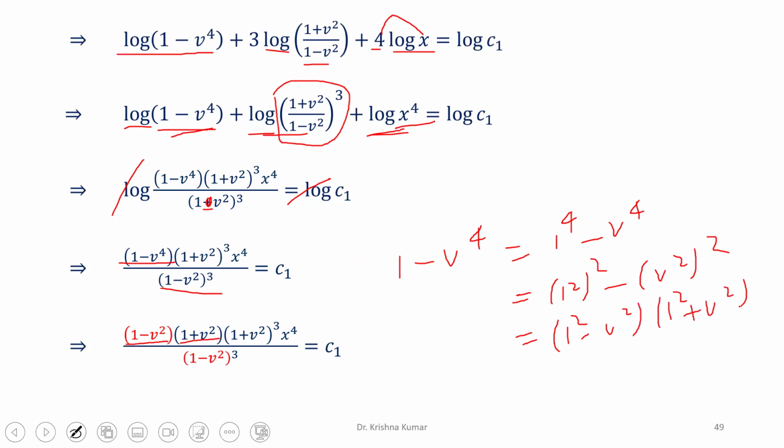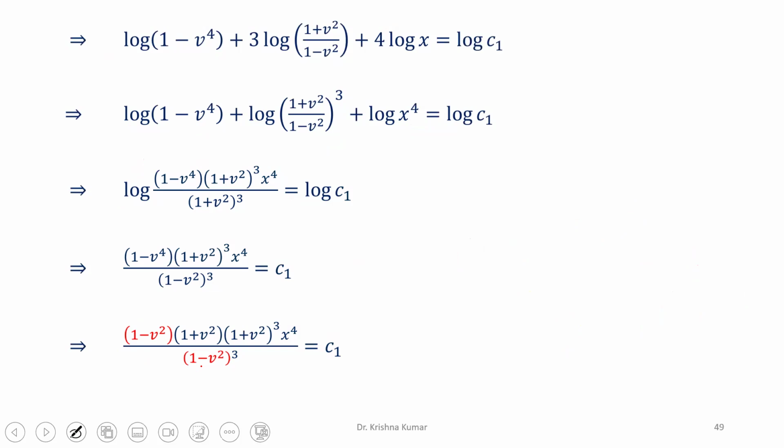So this 1 minus v square and 1 minus v square, the two will be cancelled. And what is remaining over here? 1 plus v square, 1 plus v square whole cube into x to the power 4 upon 1 minus v square whole cube. So out of these, 1 will cancel, this will become 2.